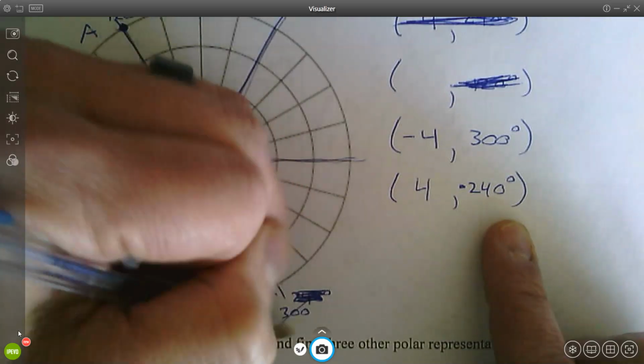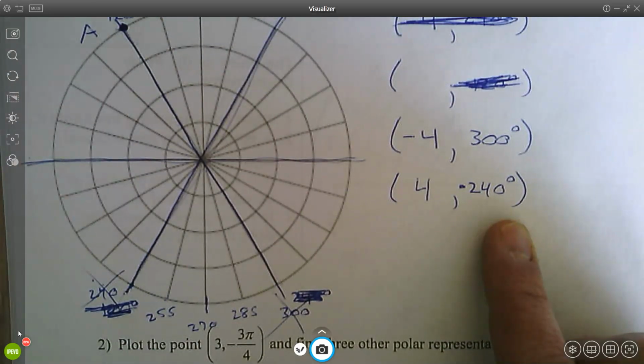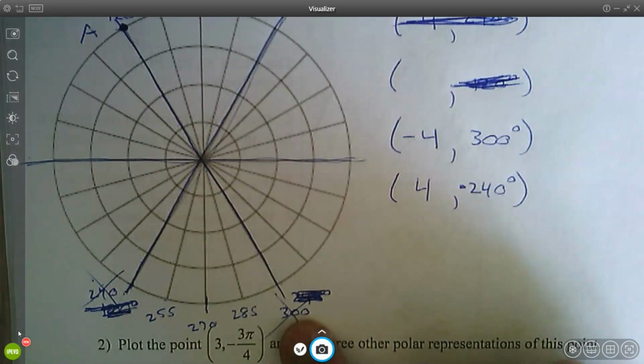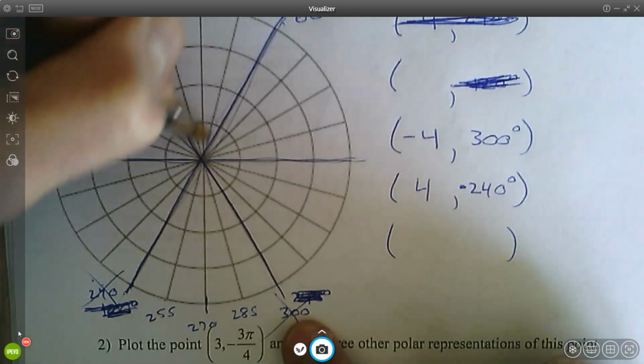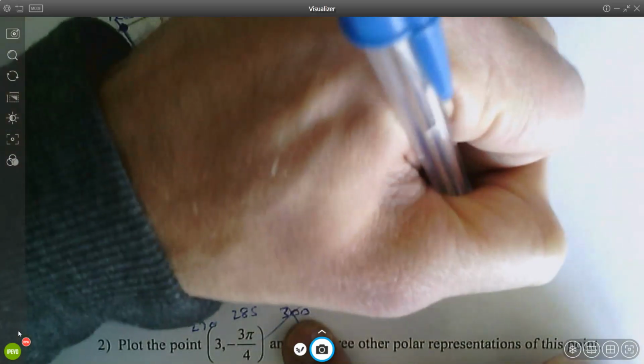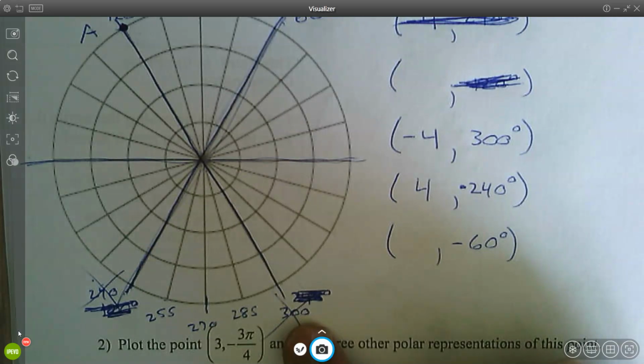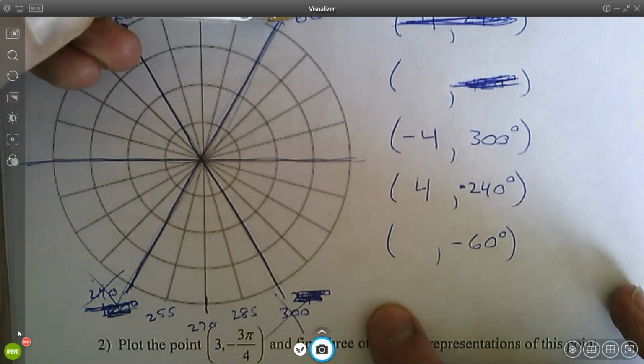So we've used the 300, we've used the 240. The last one is going to be finding this angle here. So 15, 30, 45, 60. The point is not on this line, so it has to be a negative angle, -60 degrees. And we're going to do a reflection.